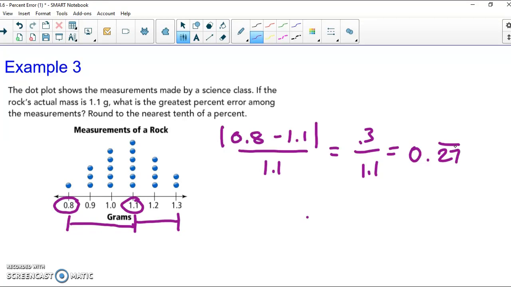So if I'm going to round that to the nearest tenth, this would really be like 0.272727... So if I'm rounding to the nearest tenth of a percent, when I move my decimal point 2 spots, I'm going to drop it right here. So that would make a 27. And then if I'm going to round to the tenths place, I'm going to use the 7 to tell me to round the 2 up to a 3. So we would say 27 3/10%.